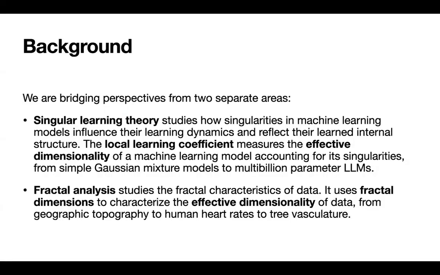As some context, maybe obvious, there are two separate perspectives we're bridging here. One is from singular learning theory. Singular learning theory talks about how singularities in machine learning models show up in learning dynamics and reflect the learned algorithms that models have.